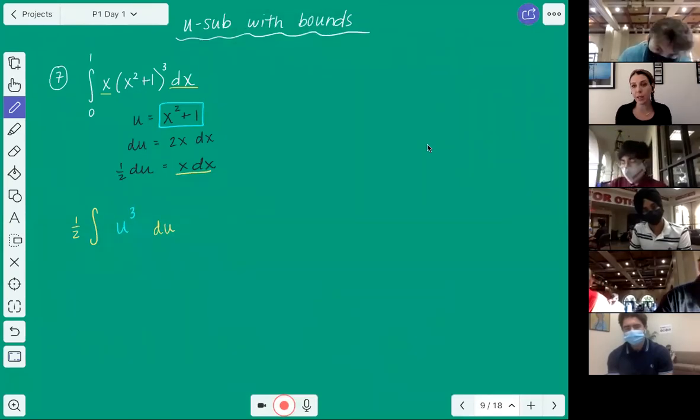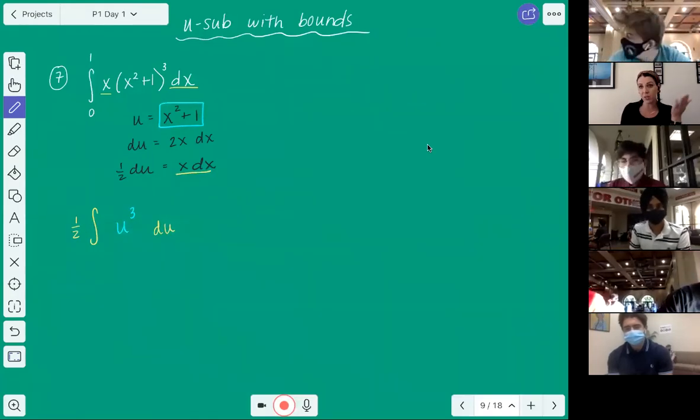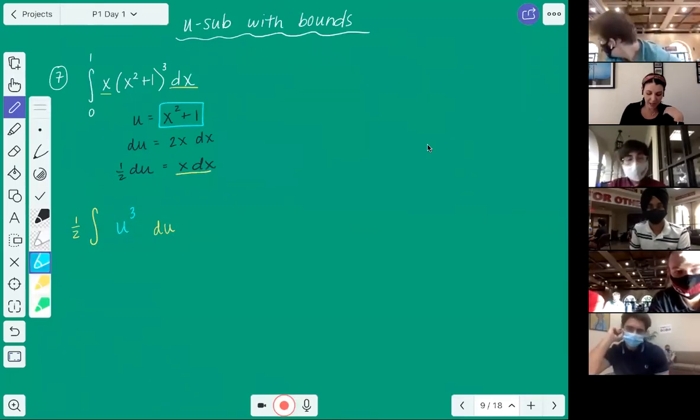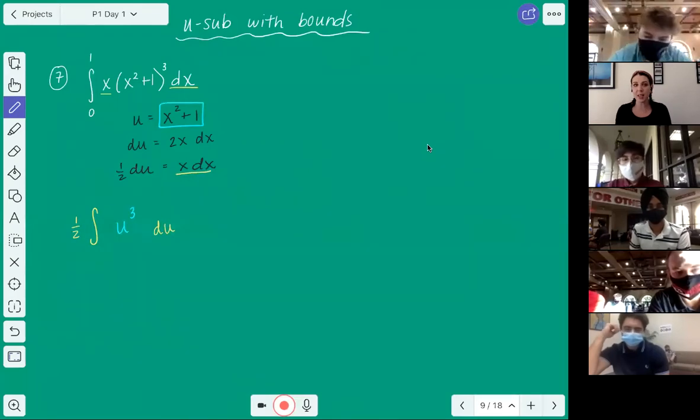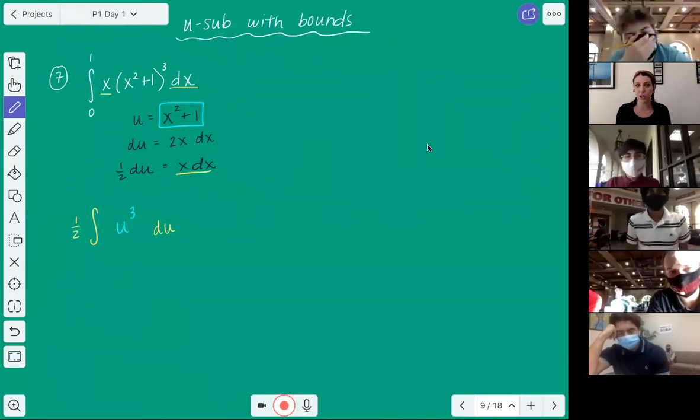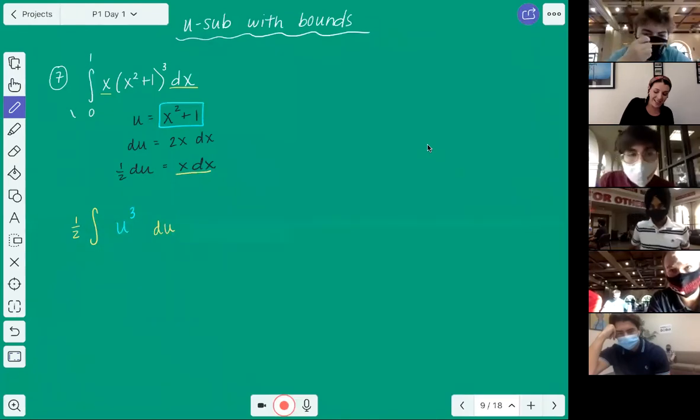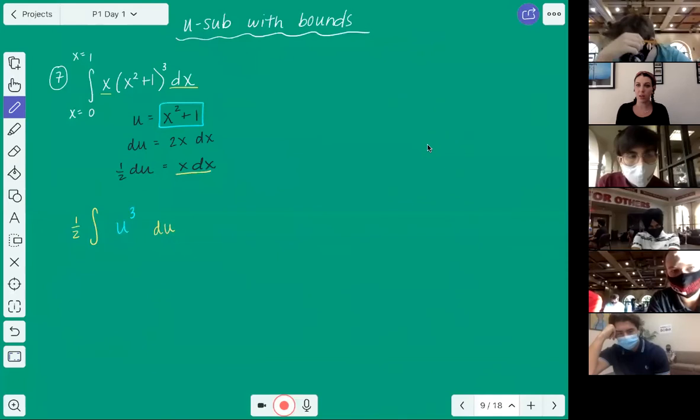Now, here is the really important part when it comes to the bounds. Before you take an antiderivative, before you do anything else, we also need to deal with the bounds. Here's why. This first one, it's not labeled as such, but what it says is we're really finding an area under a curve, right? If you guys remember, that's what this finds. So we're finding the area under this curve, x times x squared plus 1 cubed, from x equals 0 to x equals 1.